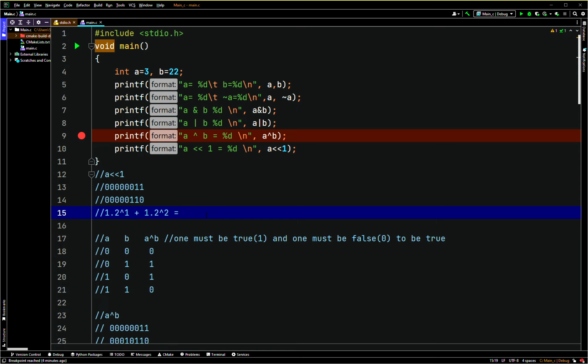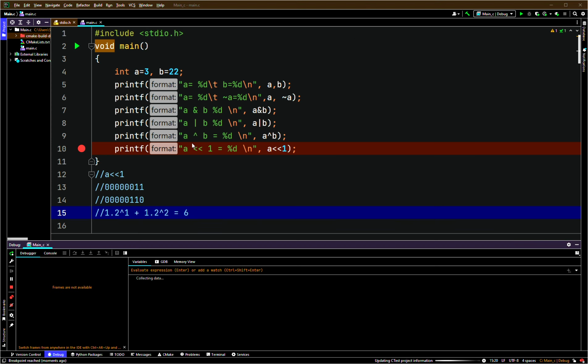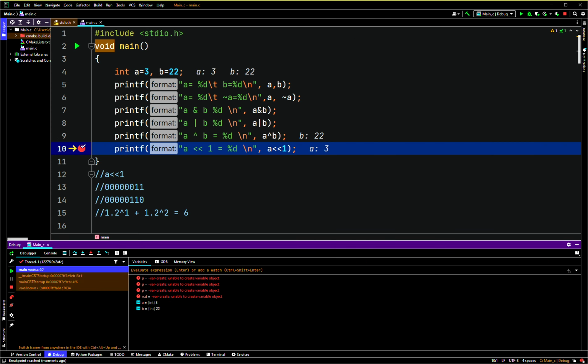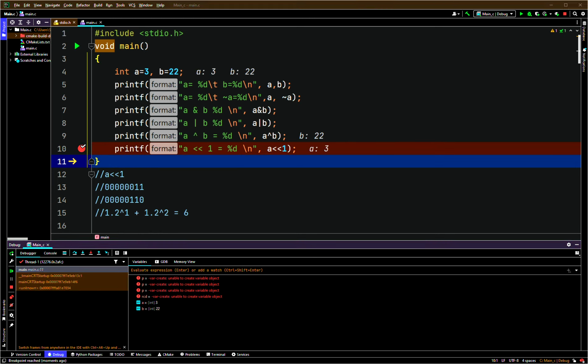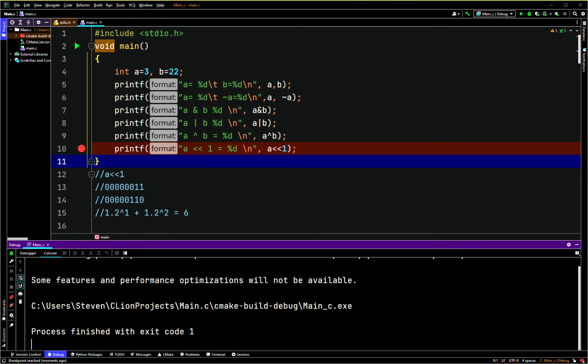So that should equal 6. We'll move our breakpoint down here and double check that the answer was 6. So the answer was 6. That's good.